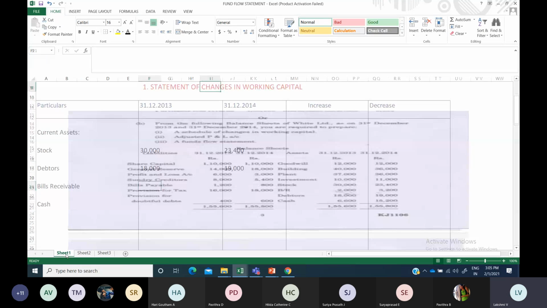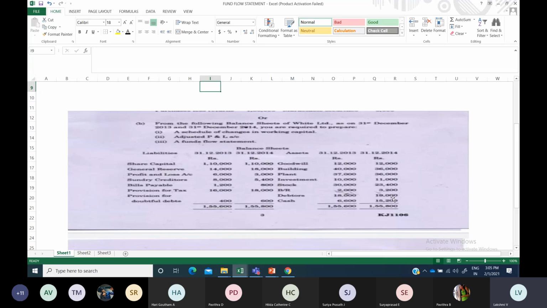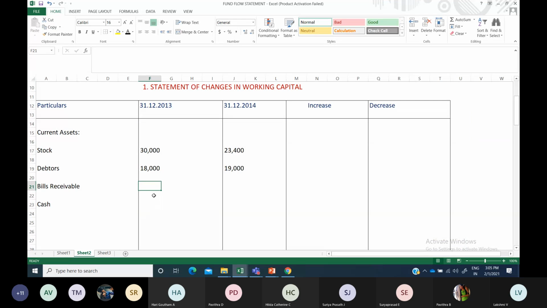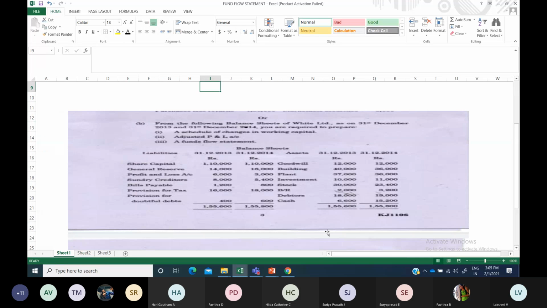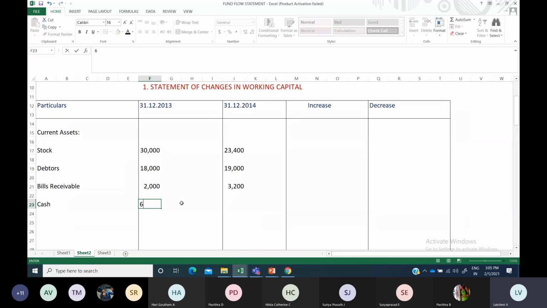Bills receivable: 2,000 and 3,200. Then fill cash. Cash is 6,600 and 15,200.